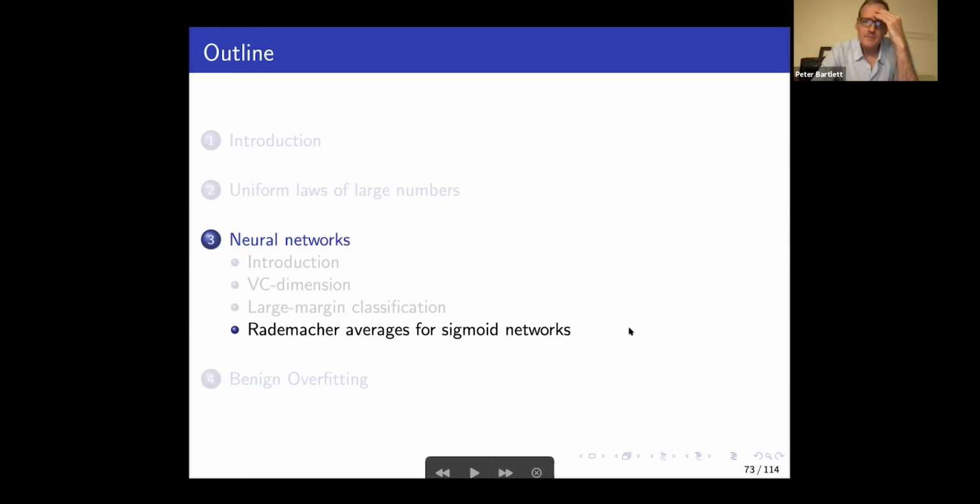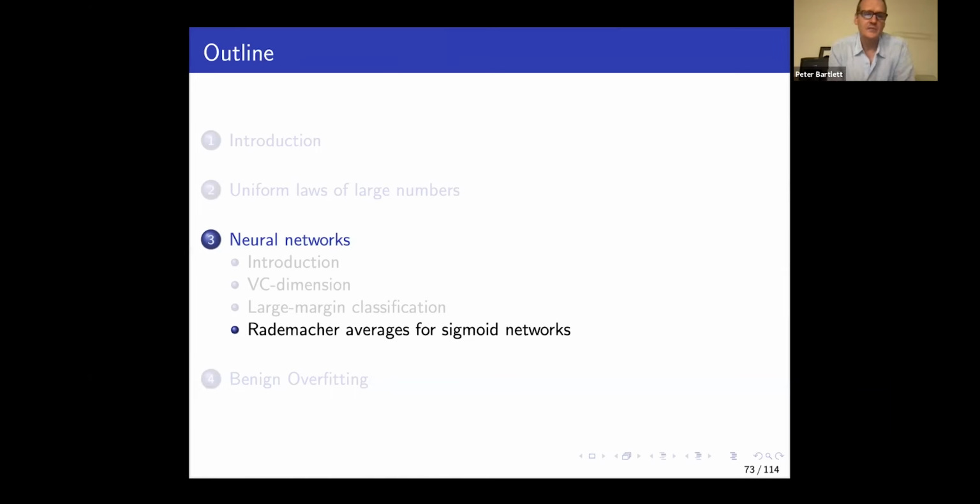Okay, so we talked about some of these VC dimension results for neural nets. We talked about these sort of anomalies, that it looks like the VC dimension is not capturing the kinds of notions of complexity that are important in these cases.